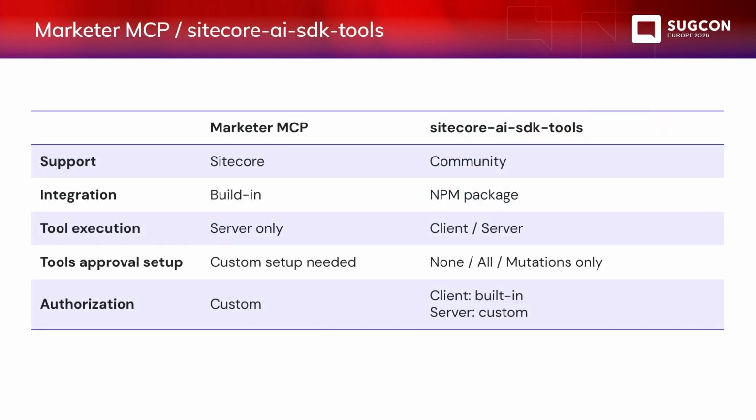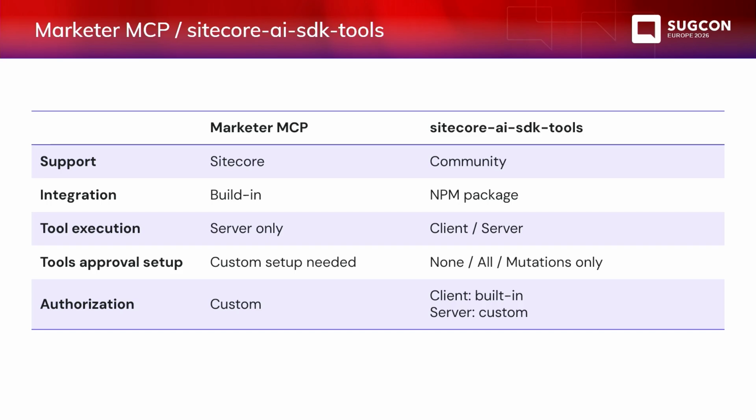Now you have an option to choose between Marketplace MCP, building your own, or using this AI SDK tools package. Previously, it was problematic to connect Marketplace MCP. Now you have this option, but still, with this npm package, you can choose where to execute tools.